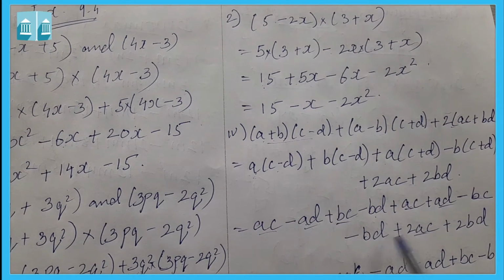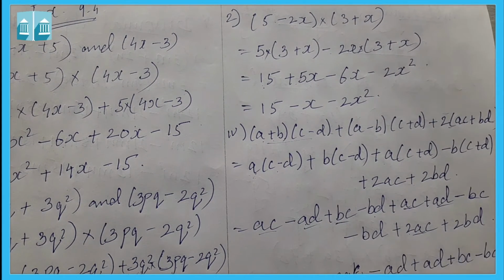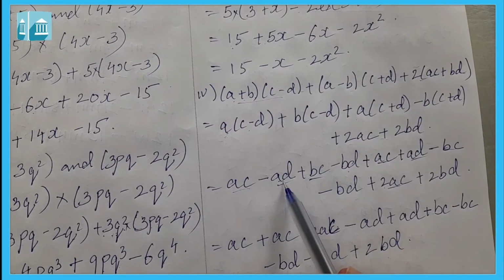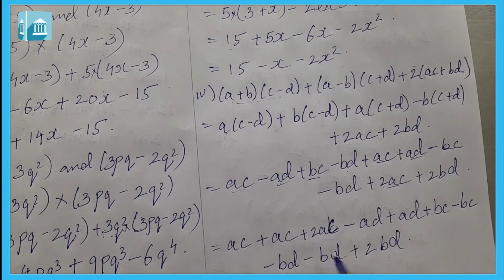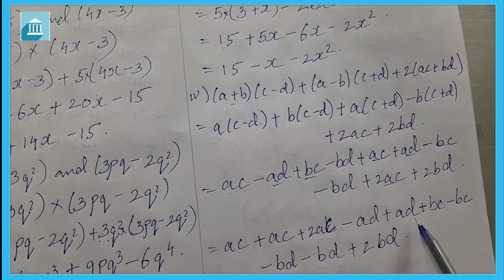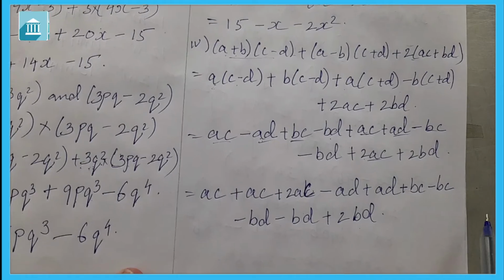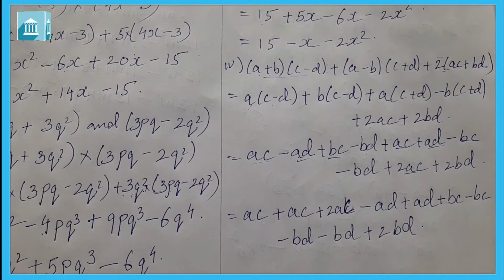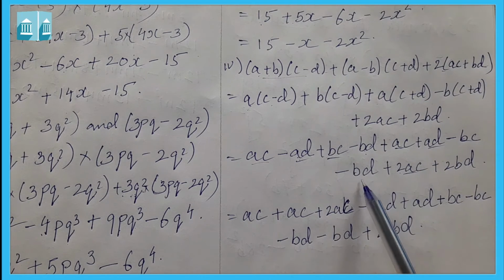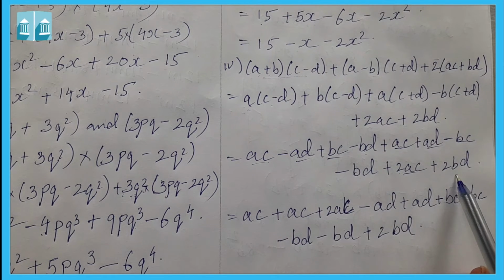When we put the like terms together, it will be ac plus ac plus 2ac, then minus ad plus ad, then plus bc minus bc, then minus bd minus bd and plus 2bd.